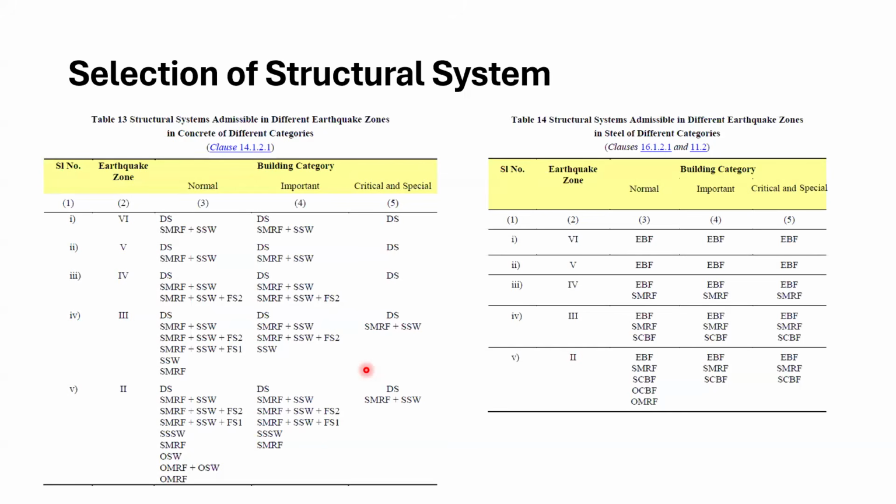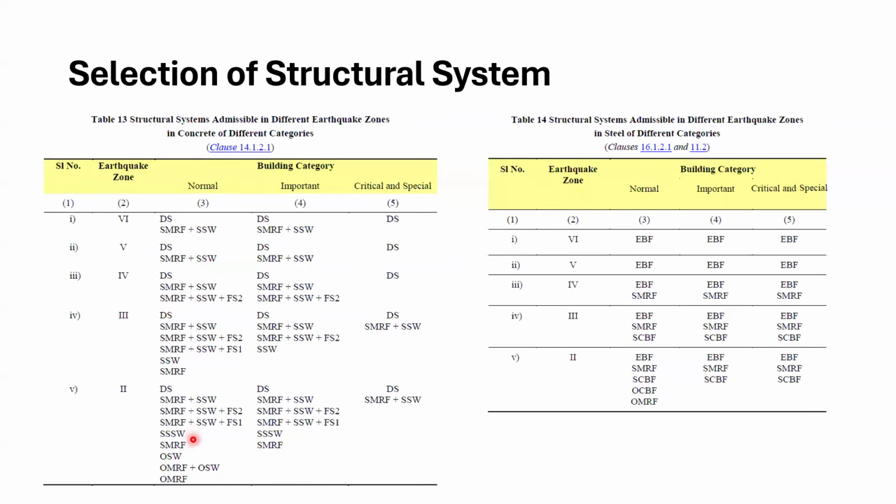Now from sections 14 and 16, I think 13, 14, and 16, we have the structural systems clearly described for you to select based on the zone and the building category, right? The left one is for the concrete and the right one is for the steel.